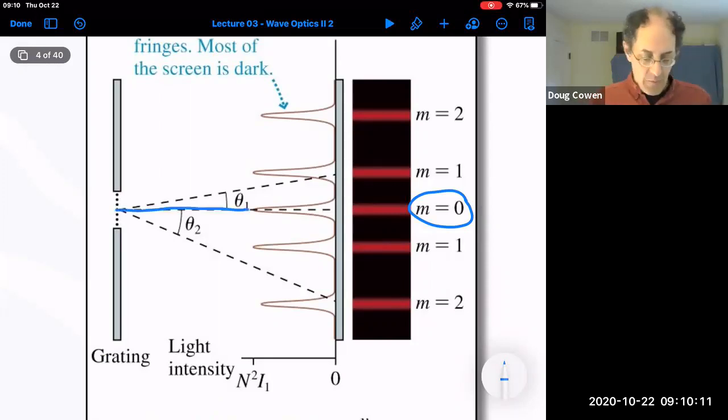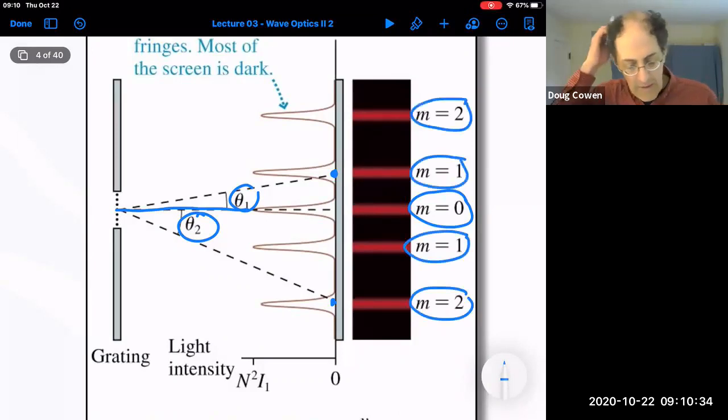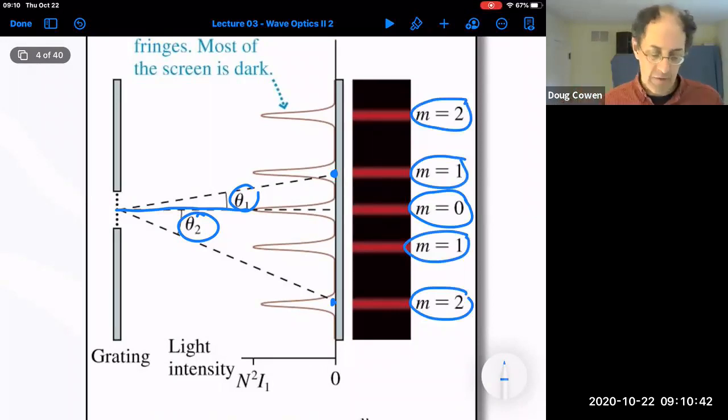And then at theta 1 over here, and at theta 2 down here, you see the first order, or m equals 1, and the m equals 2 maxima respectively. They're also labeled over here, and they're symmetrical on the other side. Each of these fringes is due to the wavelength of light going through and undergoing constructive interference.